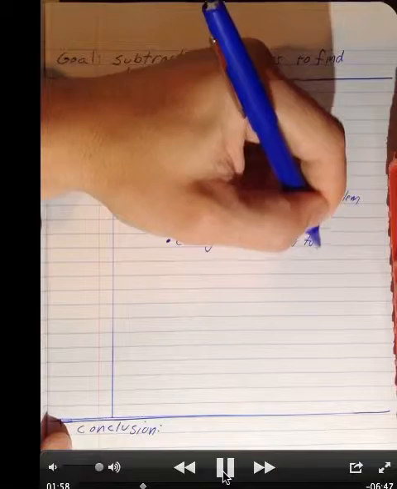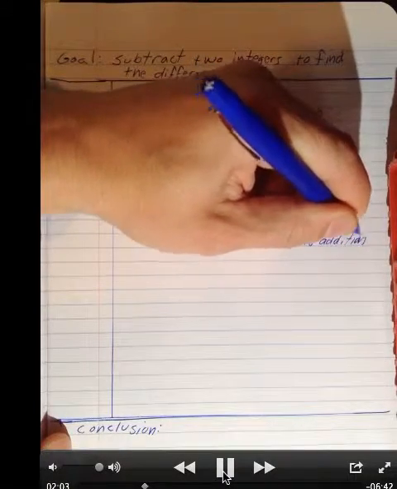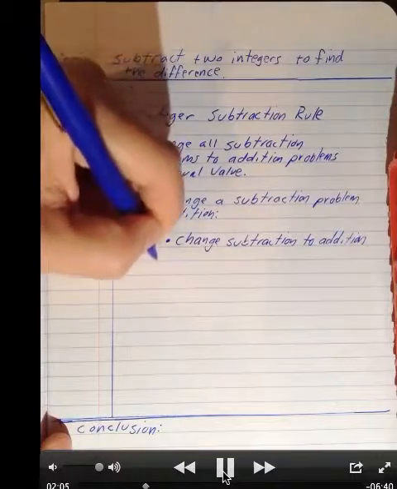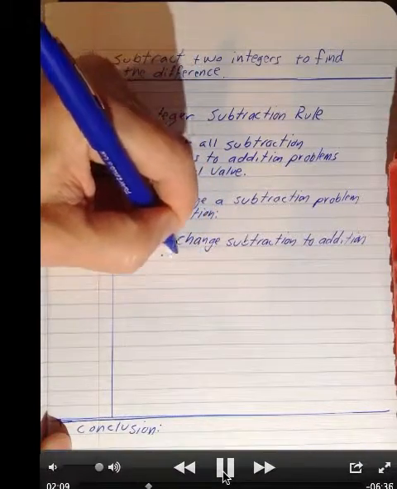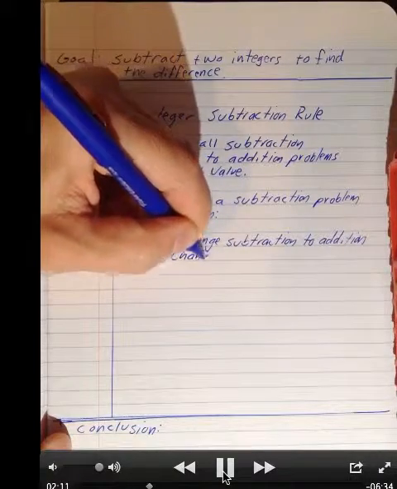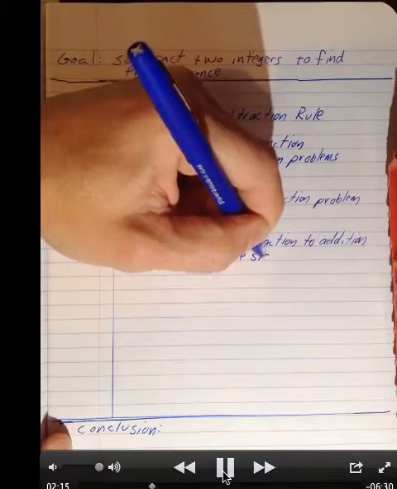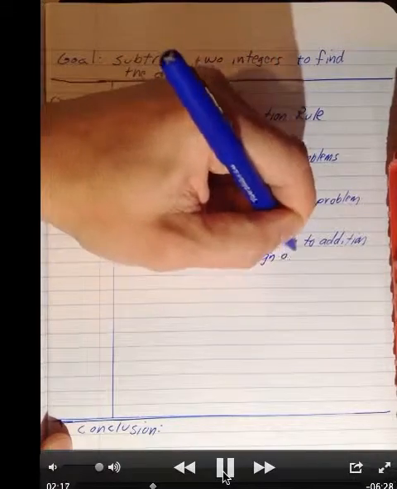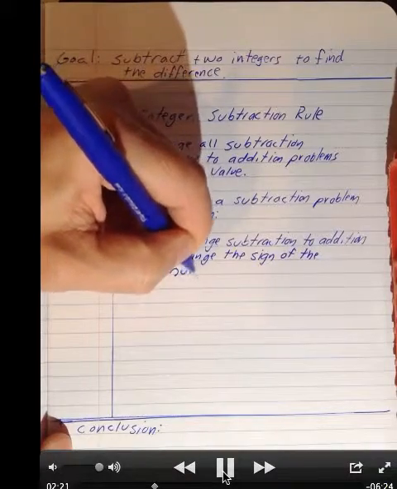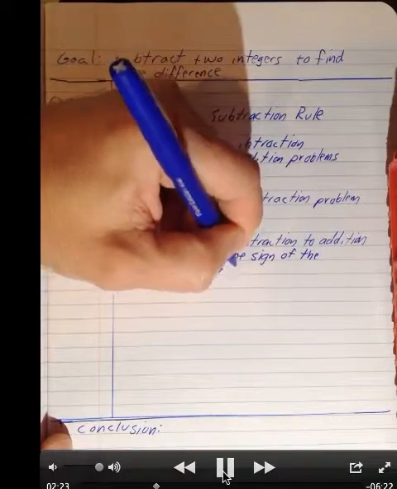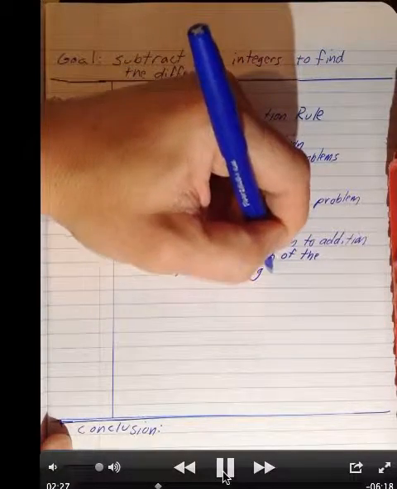Change subtraction to addition, and change the sign of the number being subtracted. Once you've done that, then you use the integer addition rules.